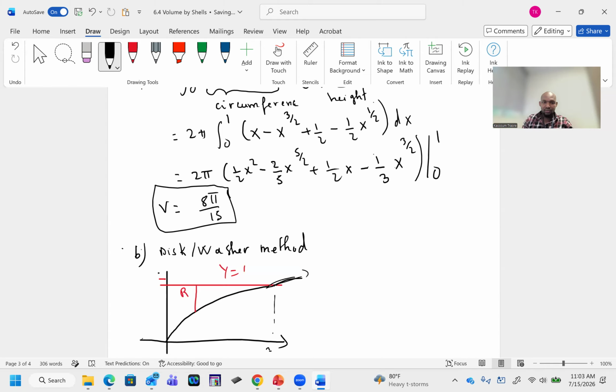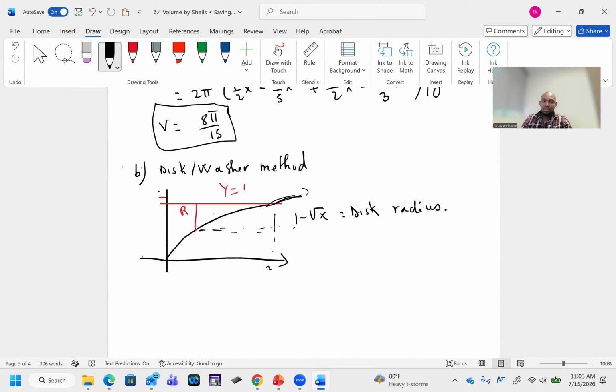So the interval of integration will be from 0 to 1, and the disk radius will be 1 minus square root of x. And then now, the volume will be what? The integral from 0 to 1, don't forget we are using the disk, pi times f of x squared. My f of x in this case is 1 minus square root of x, so 1 minus square root of x squared dx.